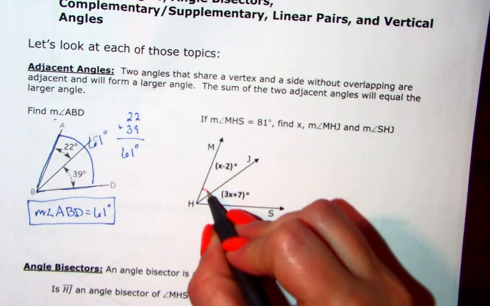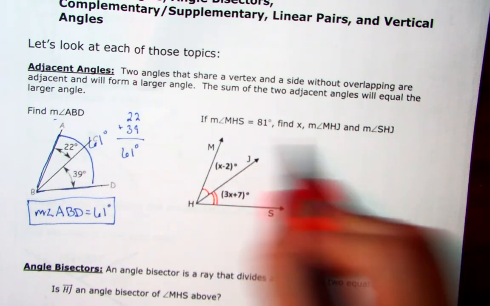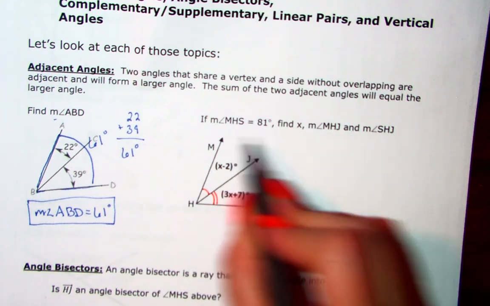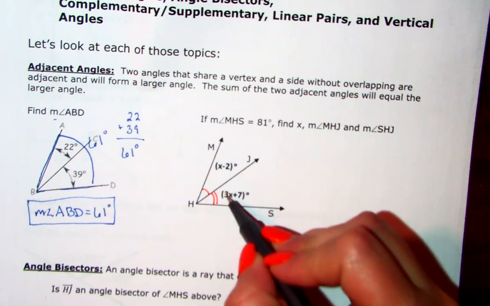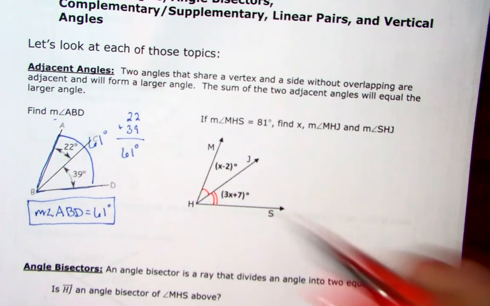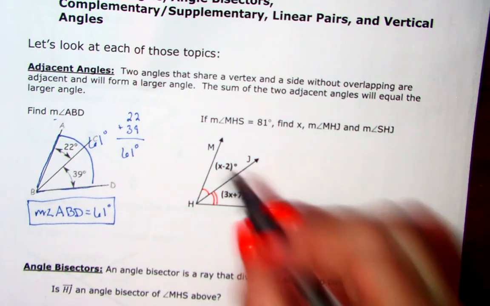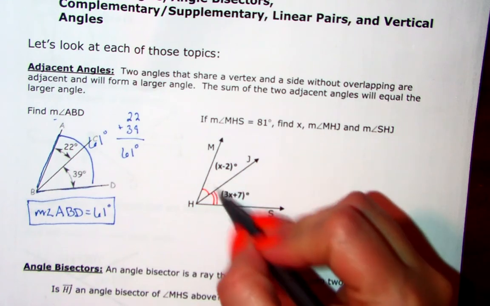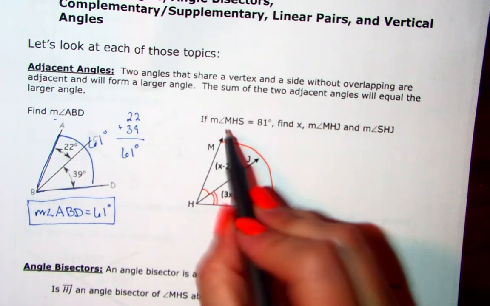So again, I have these two smaller angles, and nothing tells me if they're equal or not. I don't see the word bisect or equal or congruent anywhere about these two angles, so I can't assume they're the same. Notice I put two arcs on one and a single arc on the other to remind myself that they could be different. Together they're going to make this whole angle.